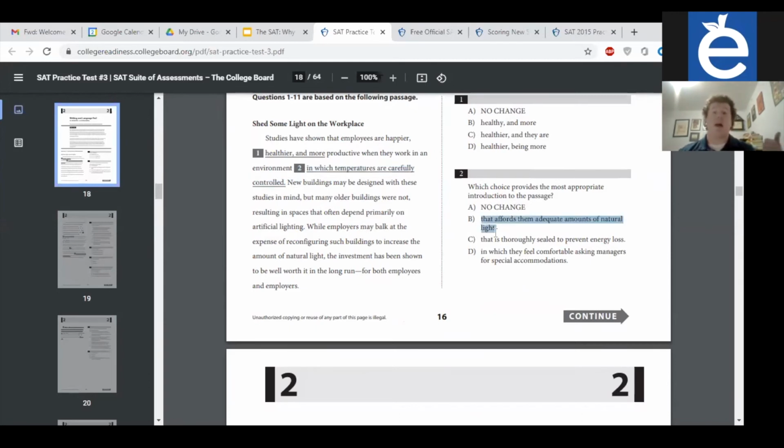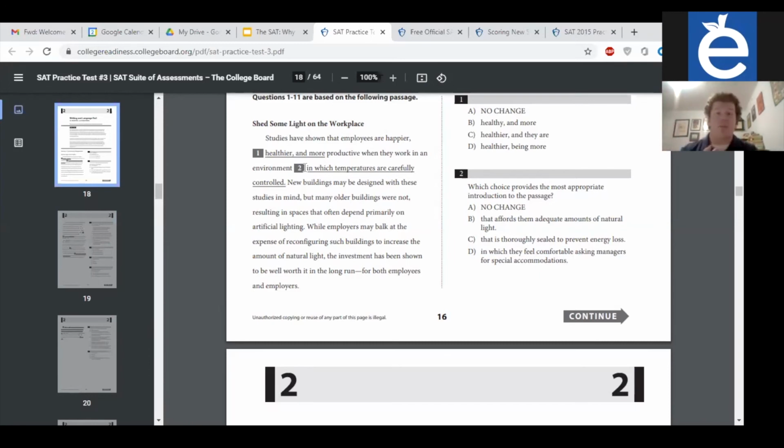Right off the bat, option B, that affords them adequate amounts of natural light. So that's a great contender, but we can just double check. C, that is thoroughly sealed to prevent energy loss. D, in which they feel comfortable asking managers for special accommodations. While C and D, and even A, could fit, if we're reading through, it might sound kind of natural.